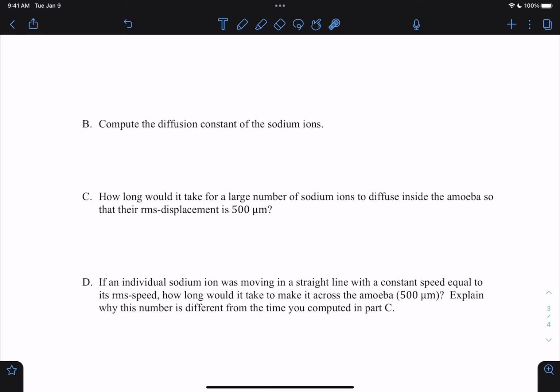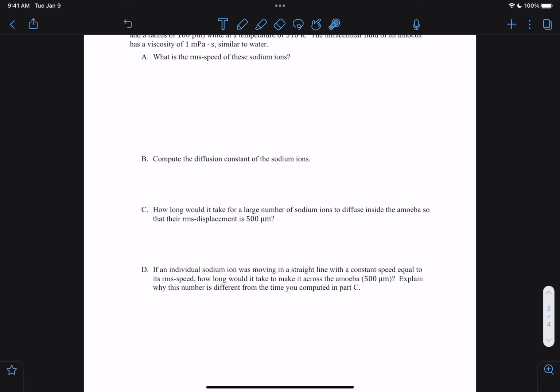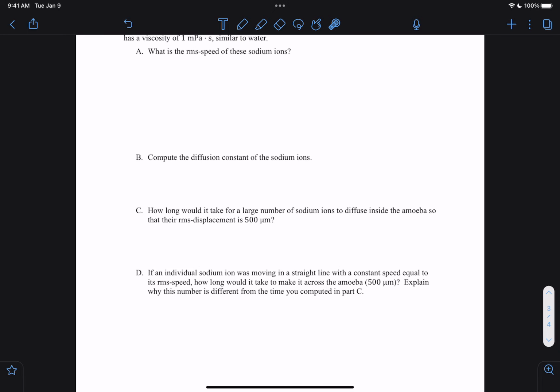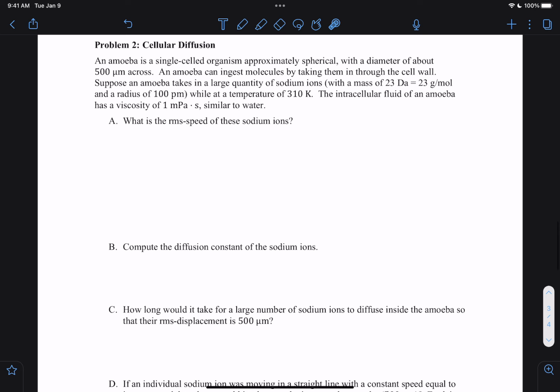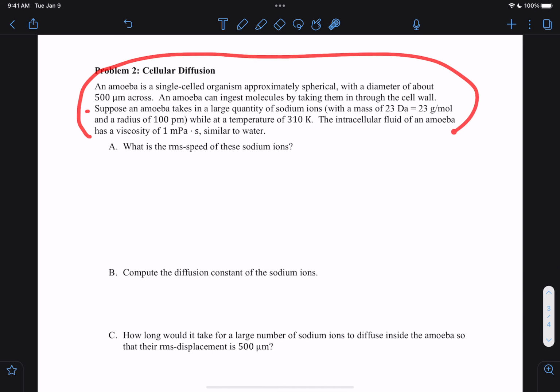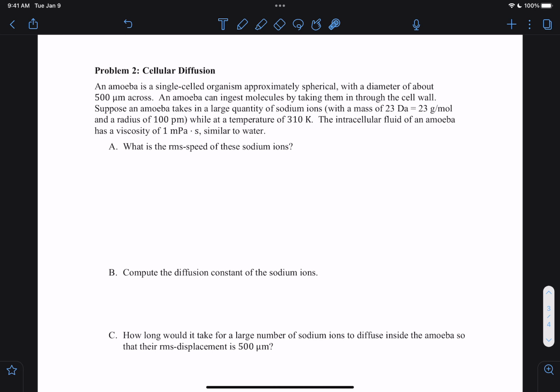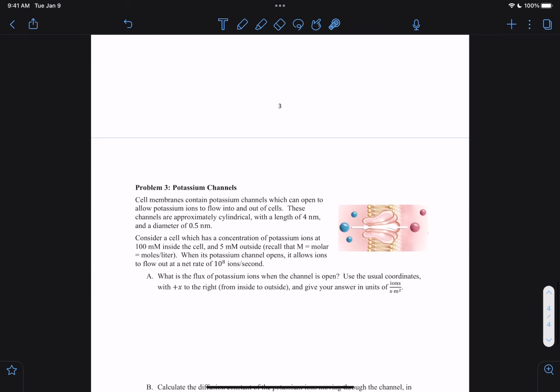That's kind of weird, but there's just 3D motion because that particle is moving in all directions, right? We're assuming we can look at all the different sodium ions, and they move in all different directions. If there's a biological context like this, then it's safe to assume that it's 3D.